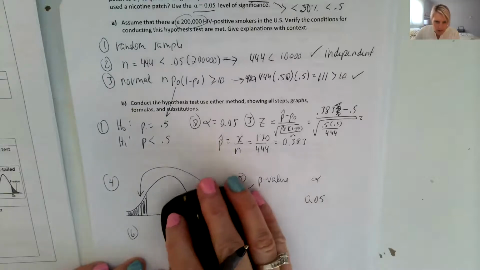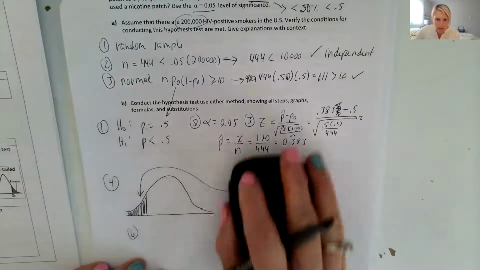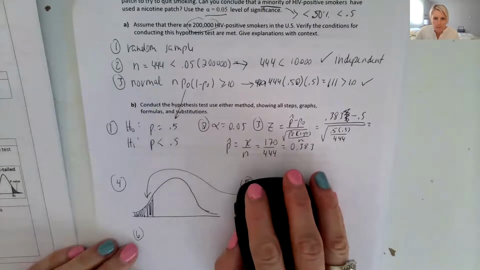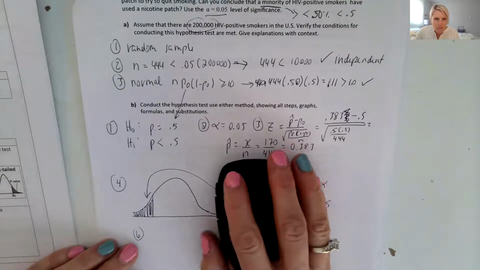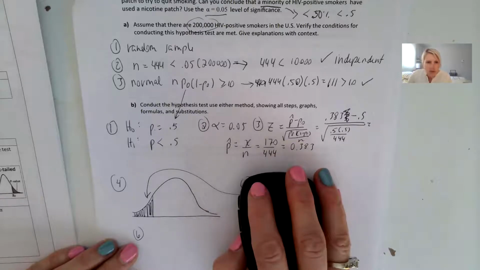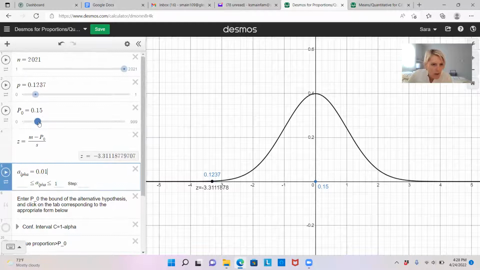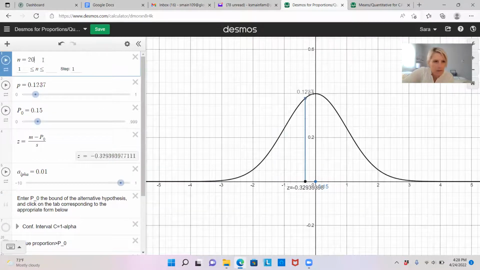So let's go to Desmos, and Desmos is going to calculate it for us. Okay, so we're going to go back up, and our sample size here is 444.